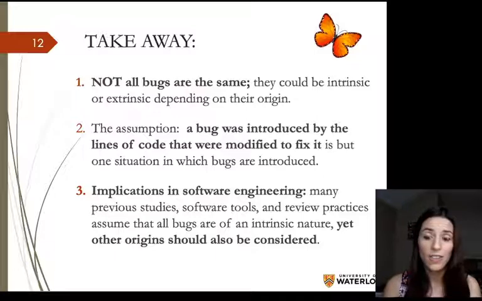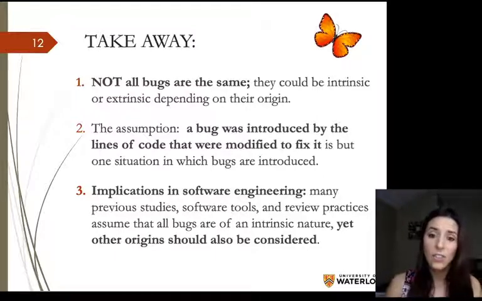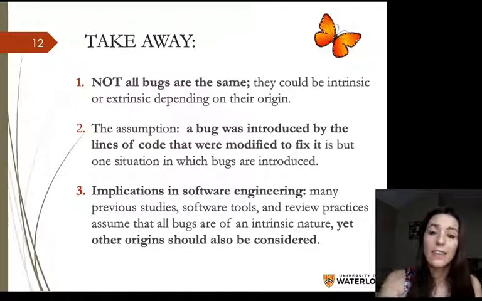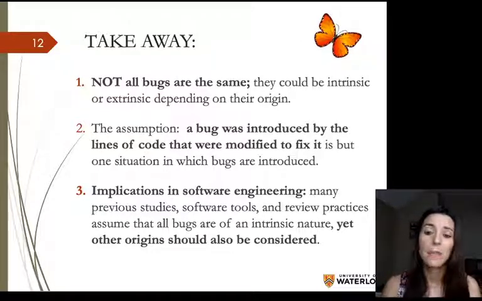Thus, we cannot assume that the lines changed to fix a bug are the lines that introduced the bug, so are the buggy lines. And this is very important because these results have many implications in software engineering, as many previous studies, software tools and review practices assume that all bugs are of intrinsic nature.